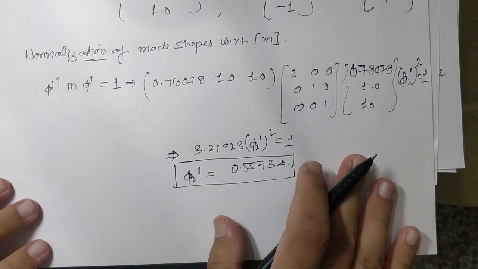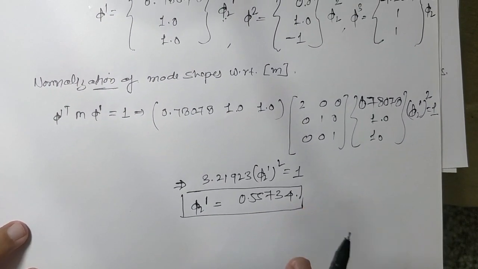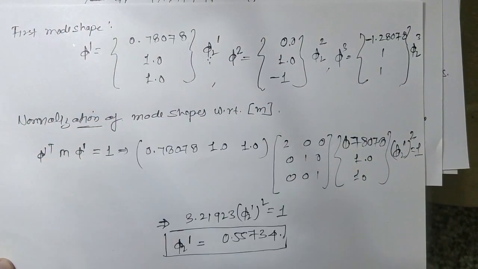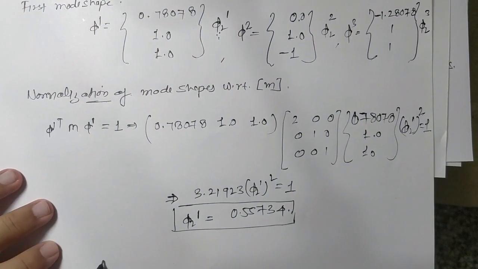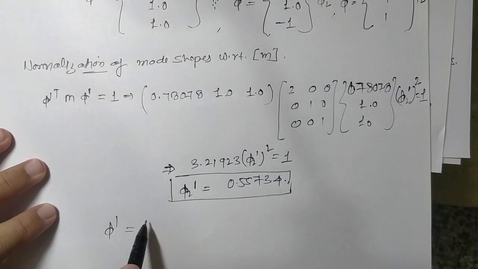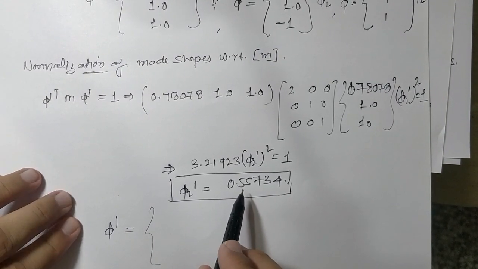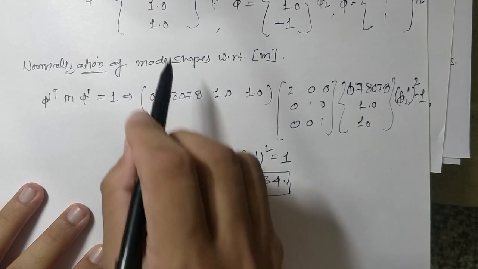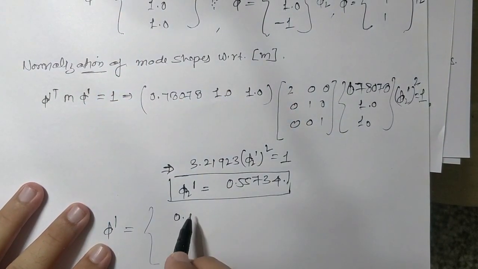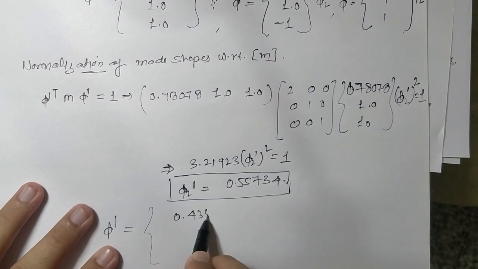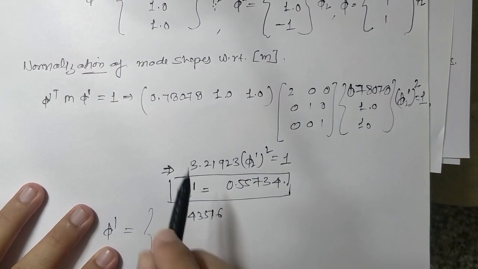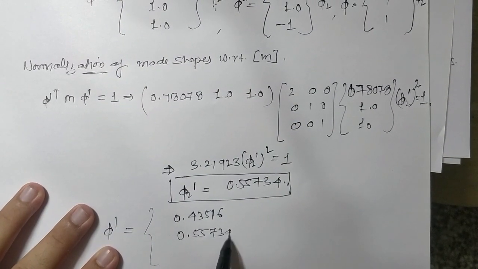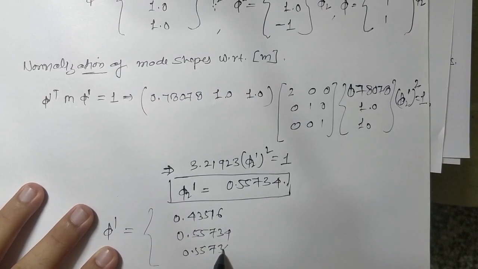So now, if we put this value phi 2 1 at this place, we'll get the normalized first mode shape. So our first mode shape phi 1 equals, using this value, 0.78078 multiplied by this becomes 0.43516, and 1 multiplied by this becomes 0.55734, 0.55734.